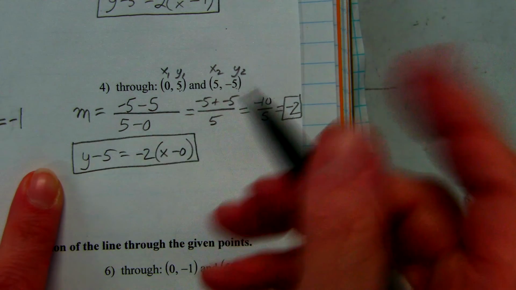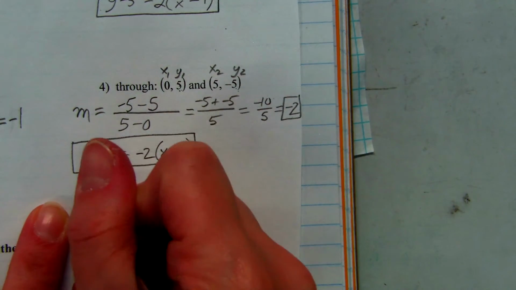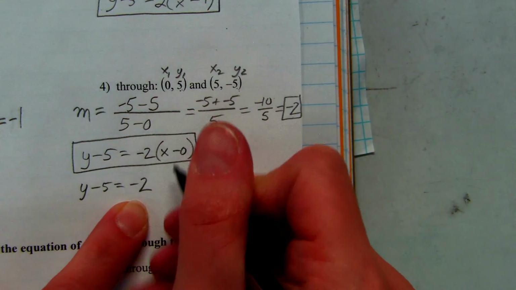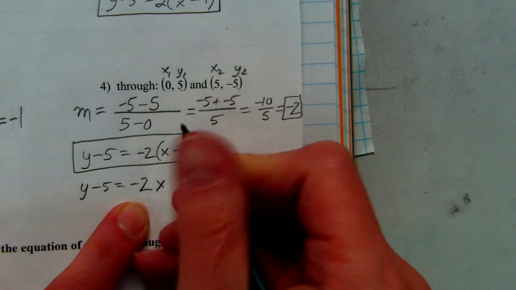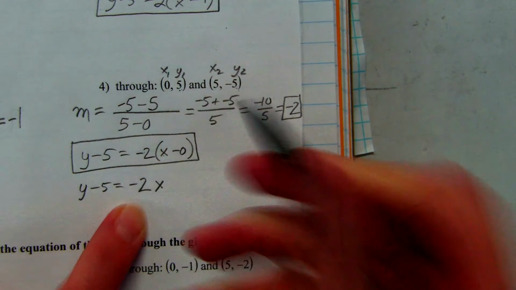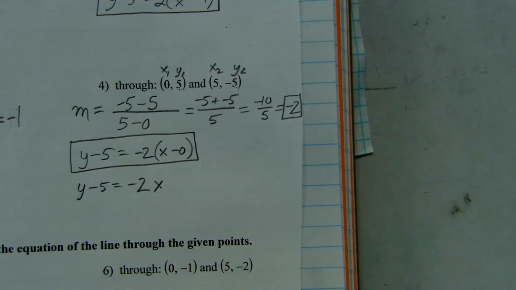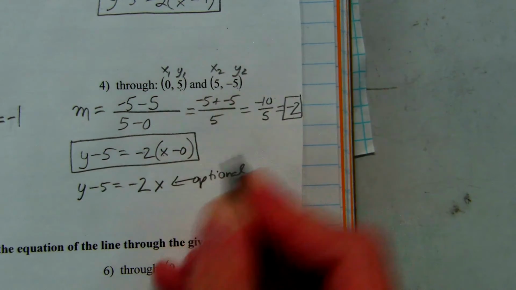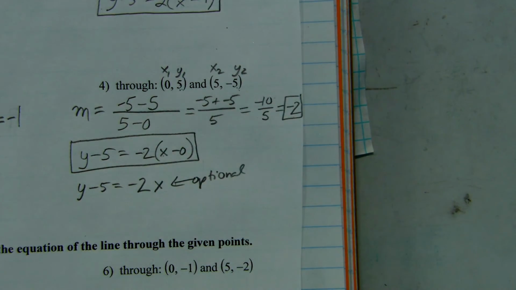But I will tell you, a lot of times the computer will leave the -0 off, and it will just say -2, and then it'll have x. It'll just take this times this and leave the 0 off. And so this, for you guys, I'm going to say is optional. But I want you to know that sometimes when we're looking at answer keys, that's what it says. Because the computer is going to use as little ink as possible. That's how they program those in.